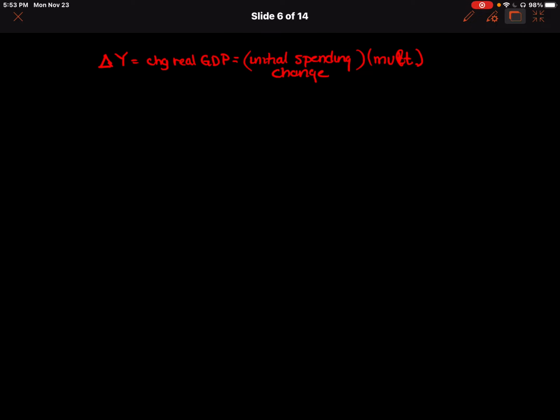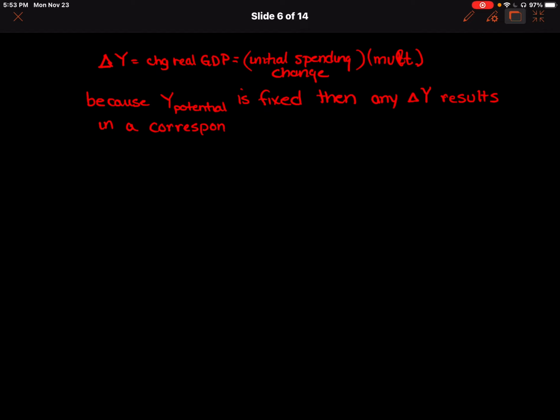So we know that because we're assuming that the potential level is fixed, any change in Y results in a corresponding change in the output gap.